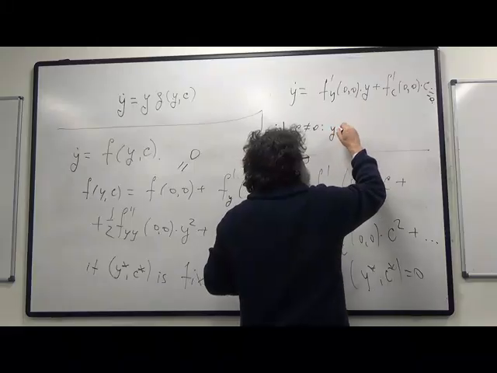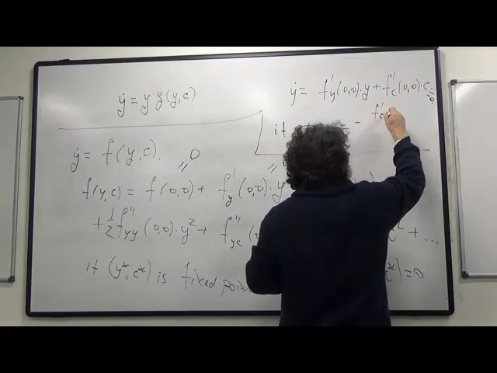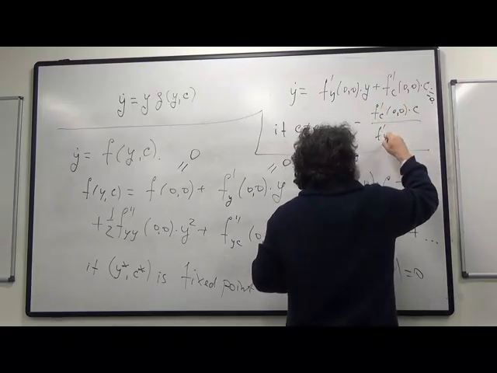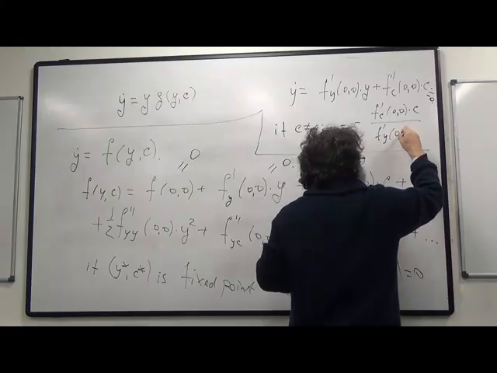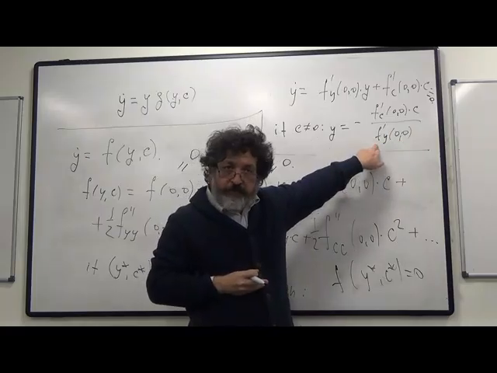Then y will be equal to minus the derivative of f over c at 0, 0 times c divided by the derivative of f over y at 0, 0. We can do it because we assume that this is non-zero.